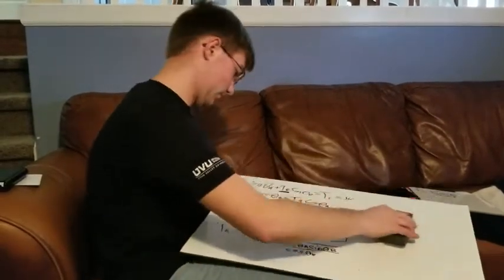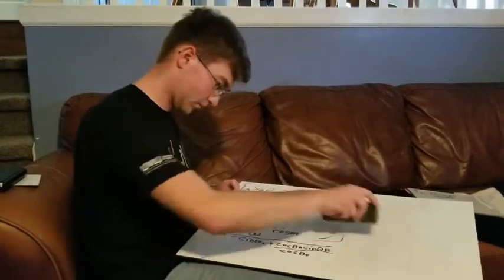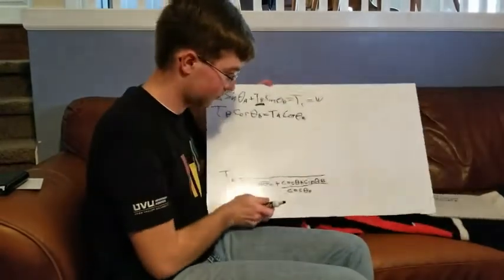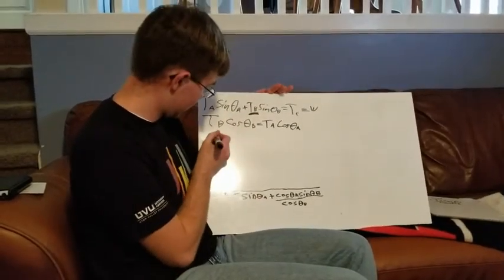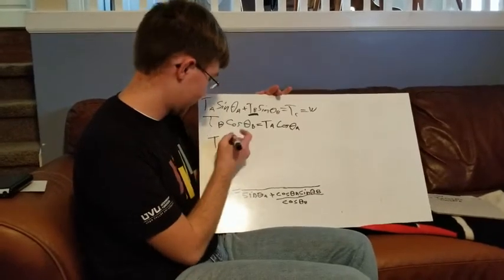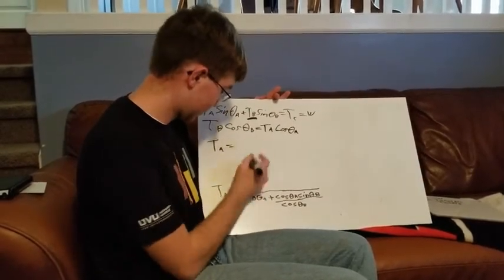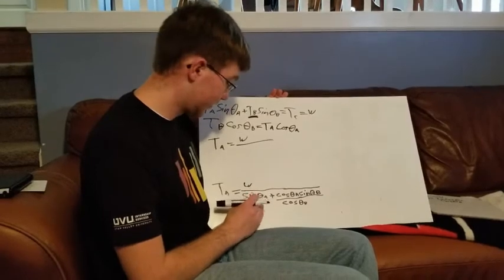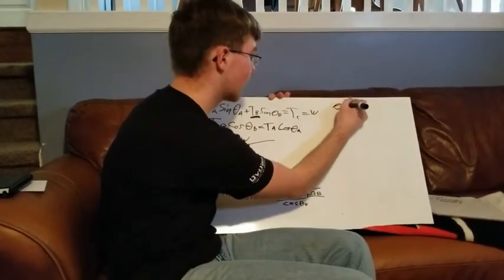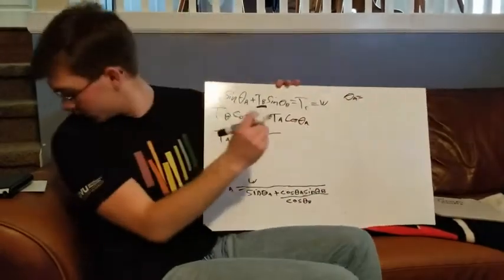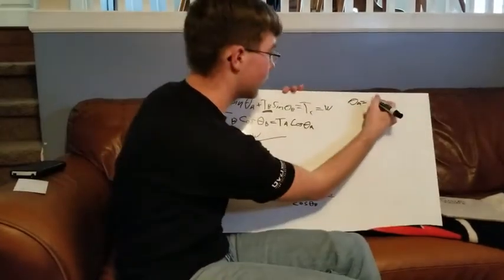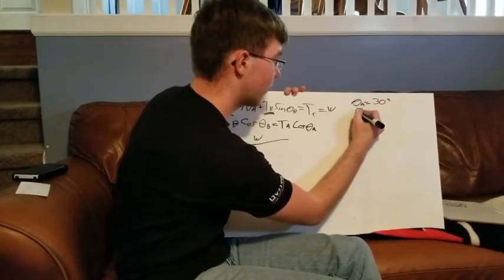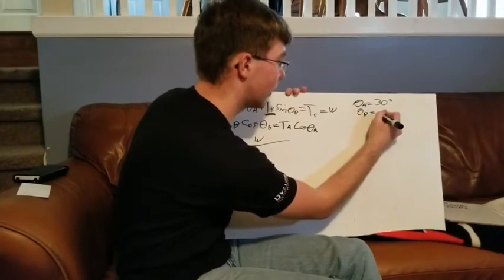Give me a moment. Tension A equals W over sine of theta A. Theta A was 30 degrees. Theta B was 45 degrees.